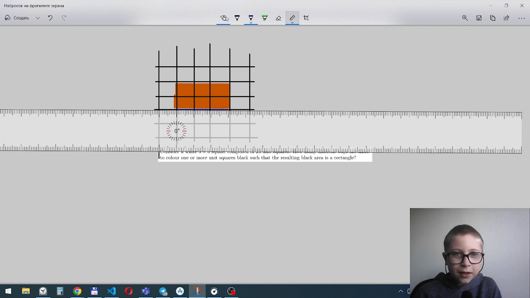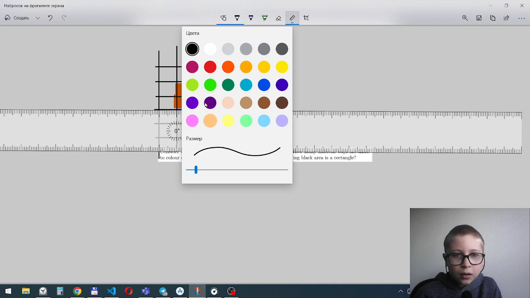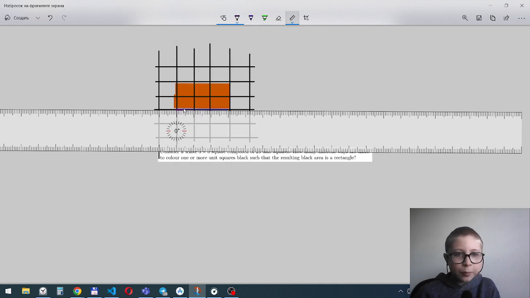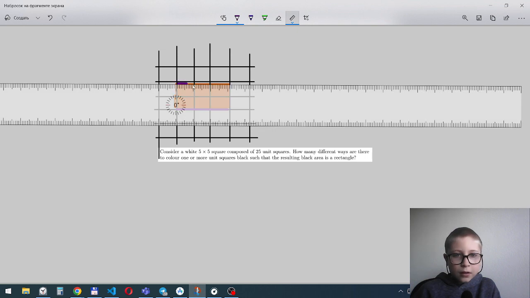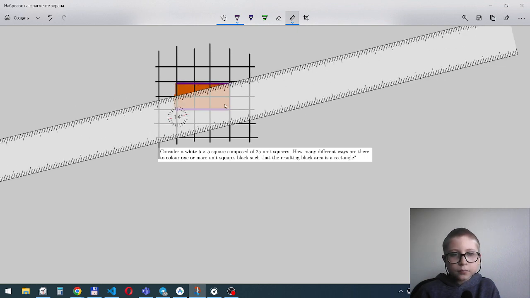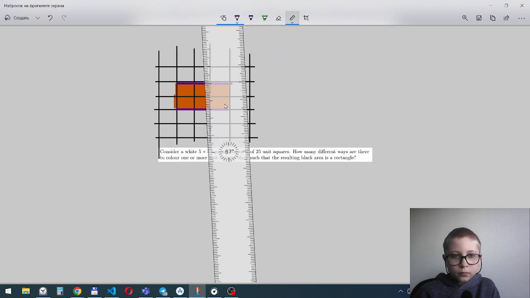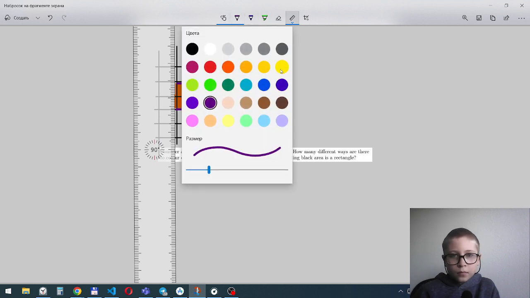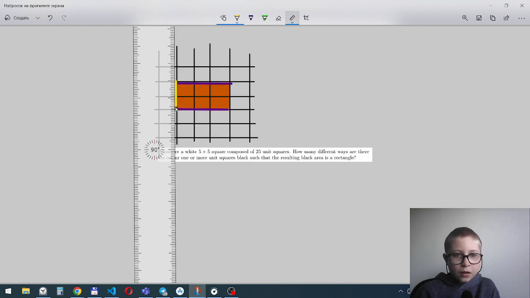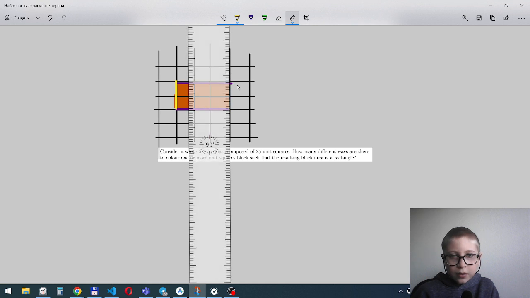For example, for this square, we're gonna define this line, this line, this line, and this line.